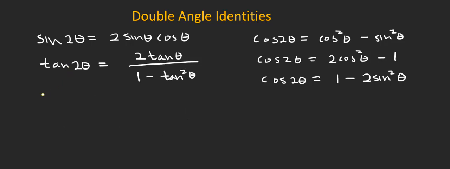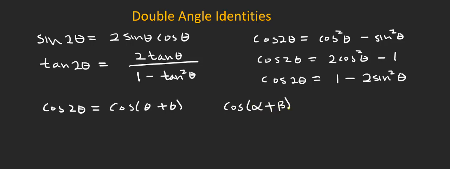Now let's talk about cosine 2 theta. Cosine 2 theta is the same thing as cosine of quantity theta plus theta. Again, do you remember cosine of quantity alpha plus beta? That is cosine alpha cosine beta minus sine alpha sine beta.